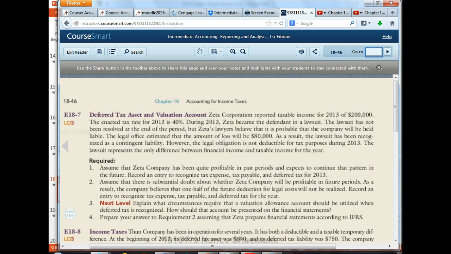Zeta Corporation reported taxable income for 2013 of $200,000. So for 2013, we've got income of $200,000. The enacted tax rate for 2013 is 40%. During 2013, Zeta became the defendant in a lawsuit. The lawsuit has not been resolved at the end of the period, but Zeta's lawyers believe, you know what, I told you we're not doing anything about contingent liabilities.